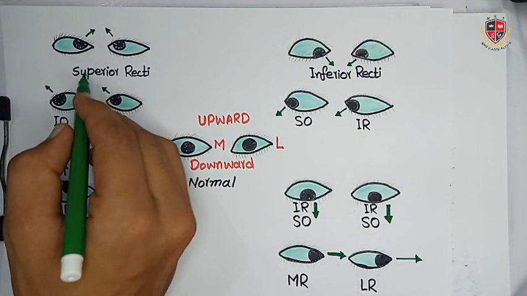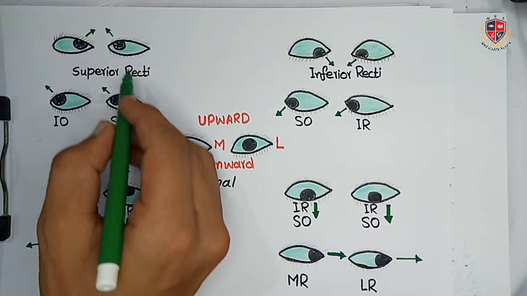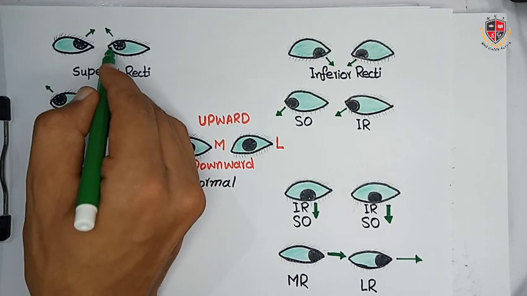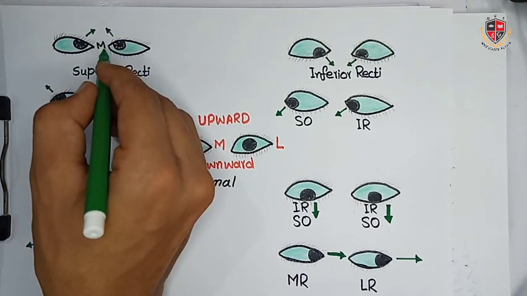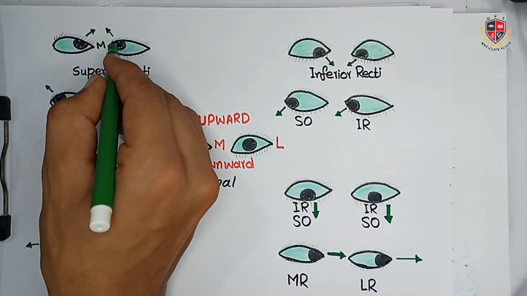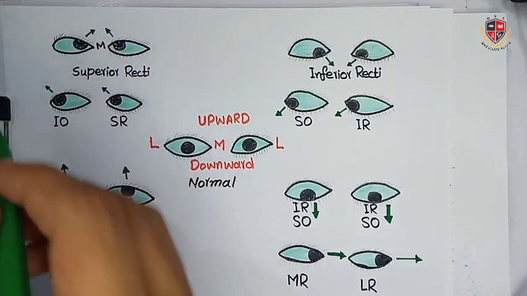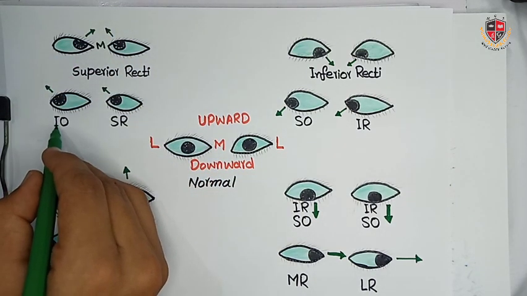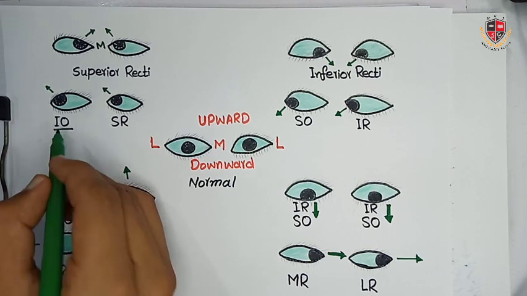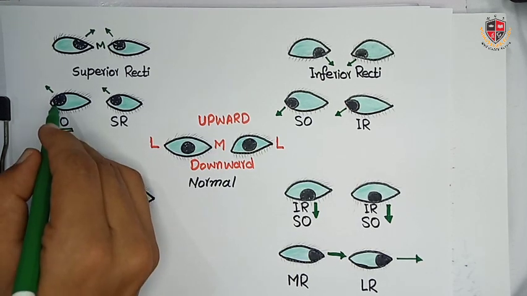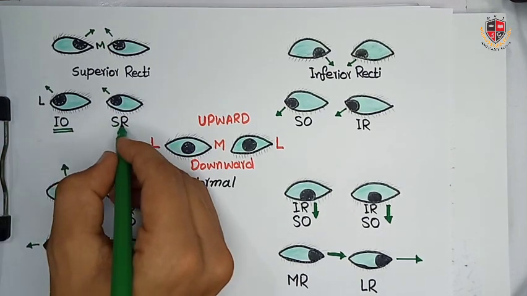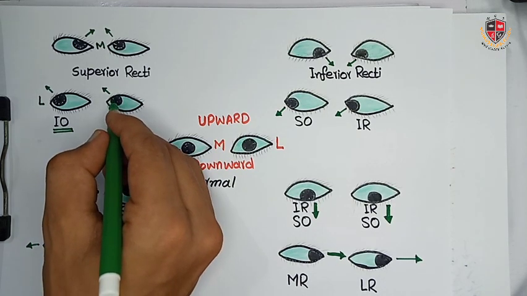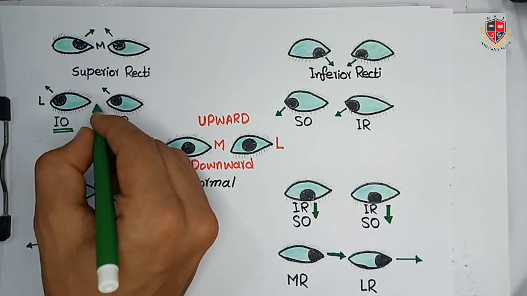Now the first case, superior rectus in medial direction. This is the medial. In medial position, they cause the movement of the eyeball upward. And the inferior oblique muscle causes the movement of the eyeball upward in lateral direction. This is the lateral side. And superior rectus causes the movement of the eyeball upward in medial direction.